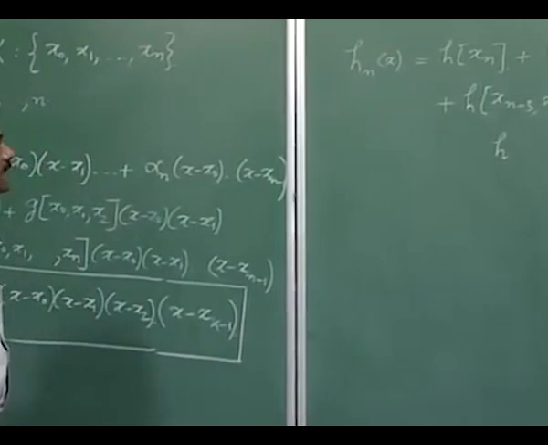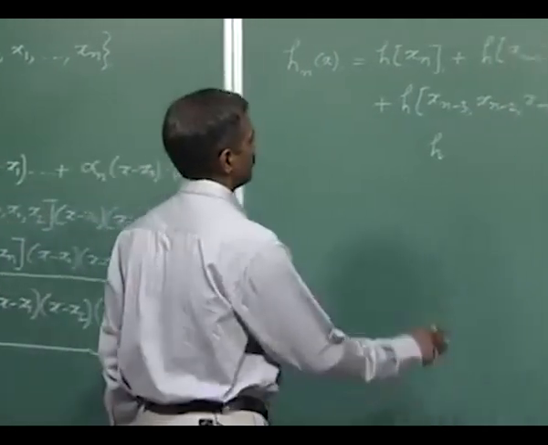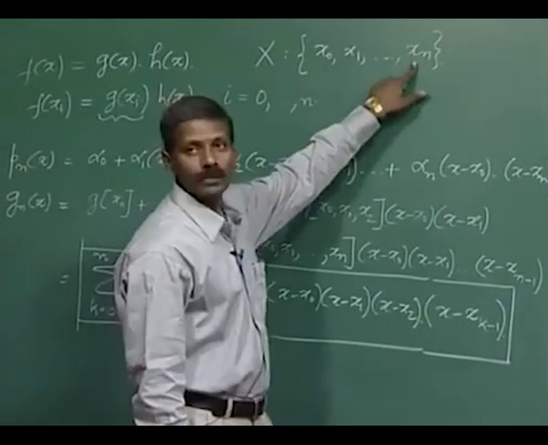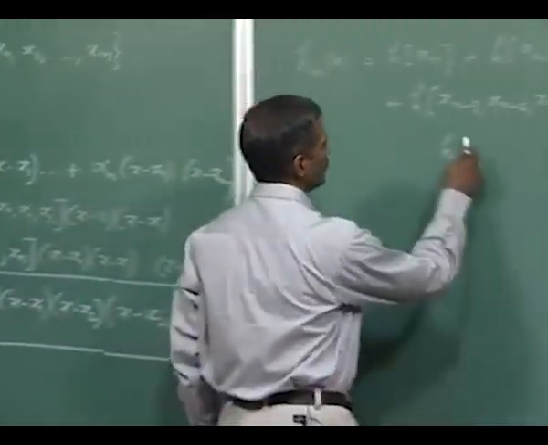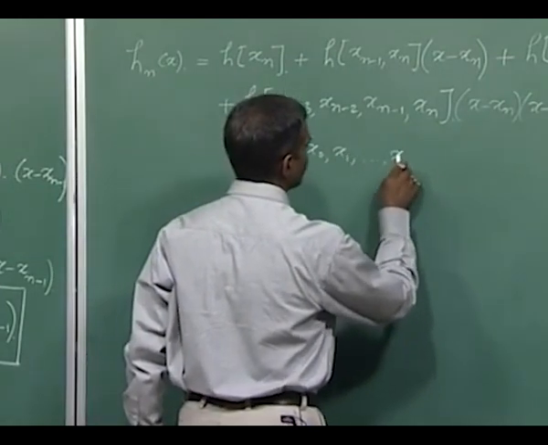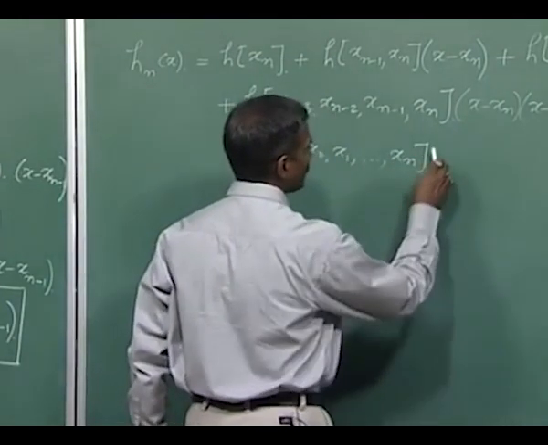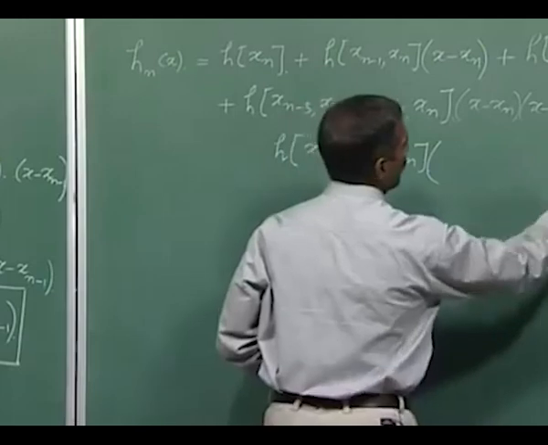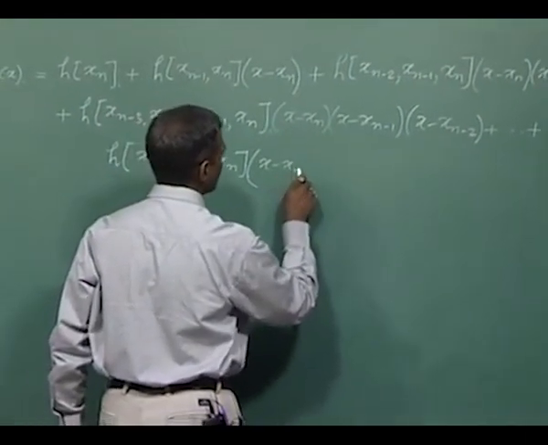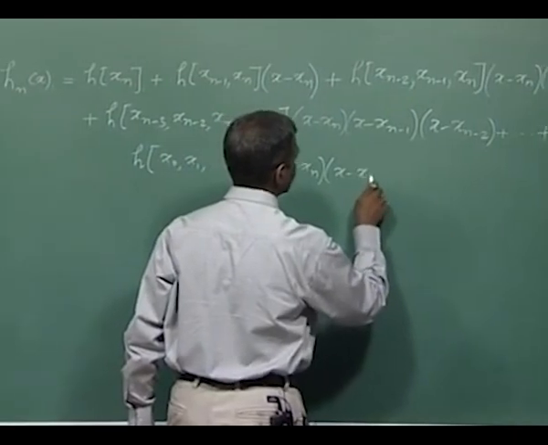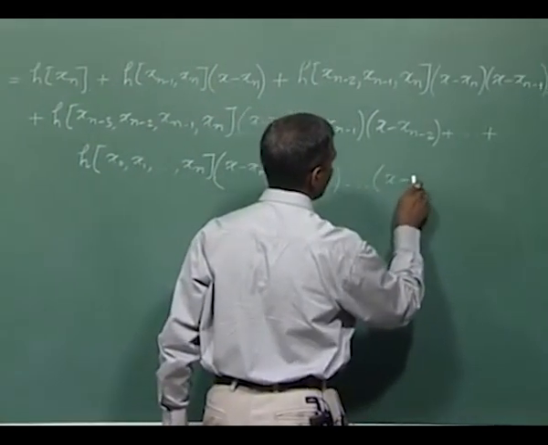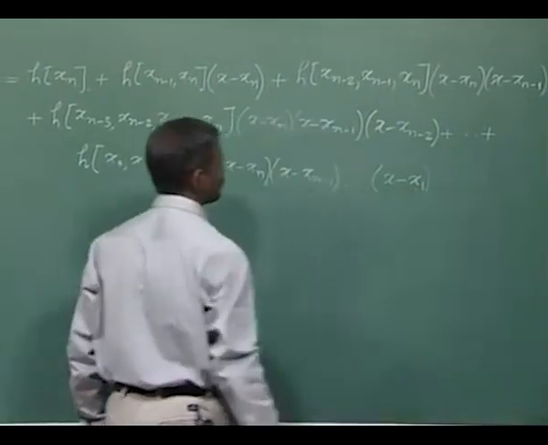Again, we'll have the nth divided difference, and that would involve all values from x0 to xn. This is h of x0, x1 up till xn times, again we are working in the reverse order, x minus xn, x minus xn minus 1, and the last term here would be x minus x1.